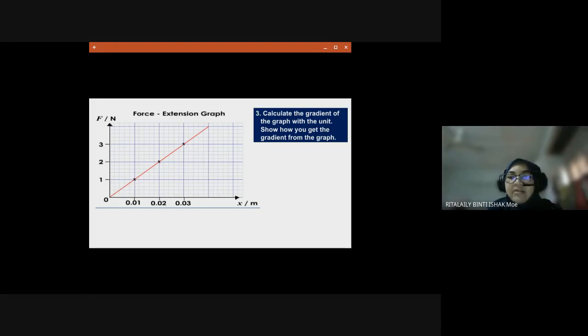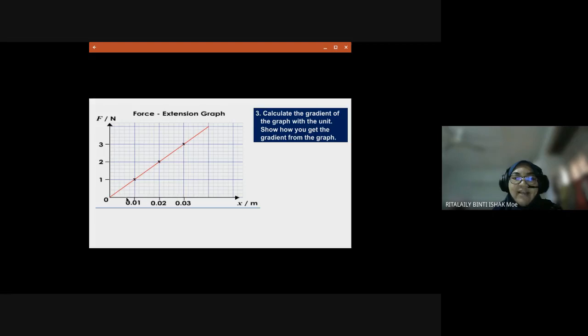Everybody can see the graph, right? But this graph is too simple. 100. Okay, so for the gradient, we divide the value of the y-axis by the value of the x-axis.